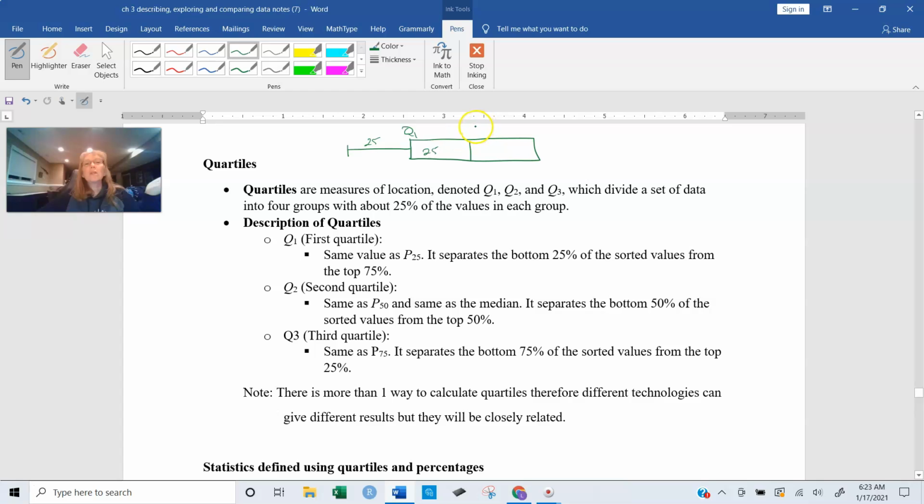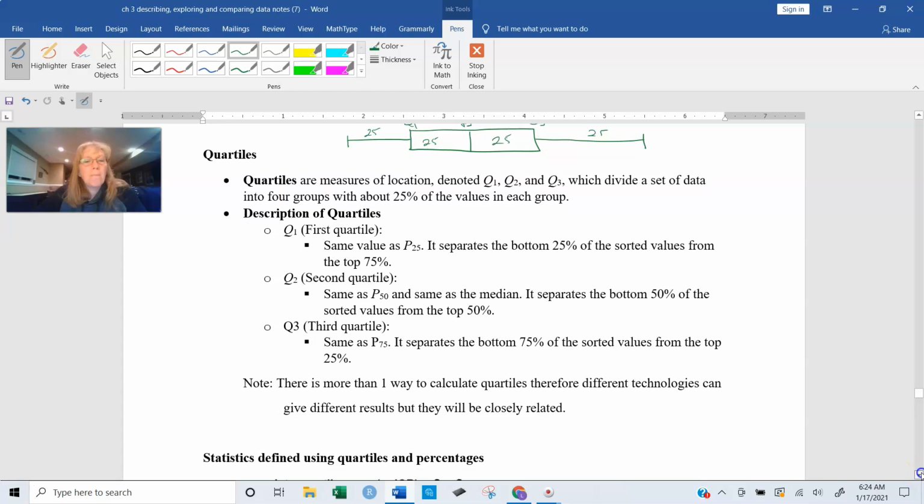So it is at 50% of your data. The next 25% falls here, which is quartile 3, so that's 75% of your data. And the last 25% of your data is the last whisker. So we need to calculate all these things.